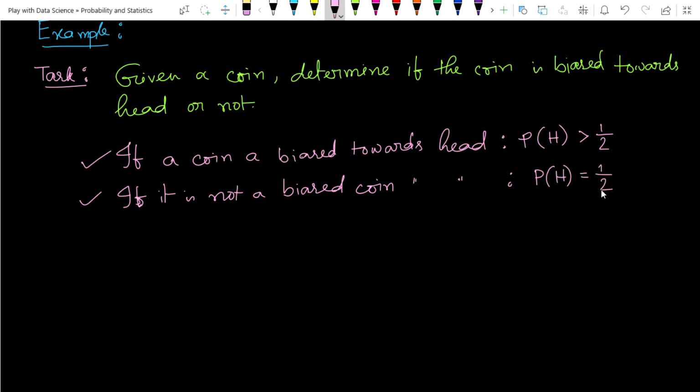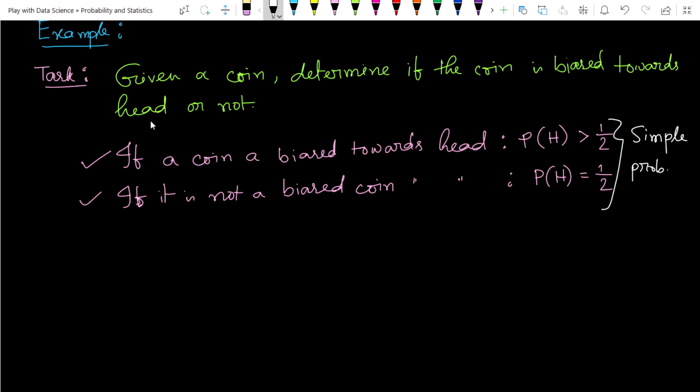For example, the probability of head will be half. This is a simple probability concept that we have used here. I think you got the idea.